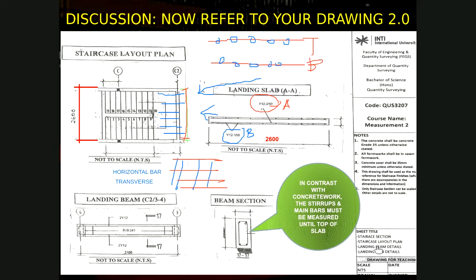Okay, so now you can take note. A is Y12 250 and B is Y12 150. So if you have the hard copy, you can take note and write down. Is it okay, class? A is Y12 250 and B is Y12 150.